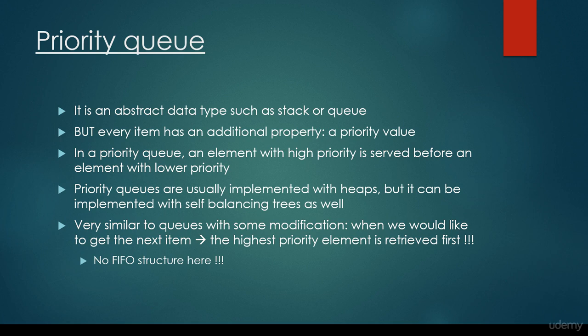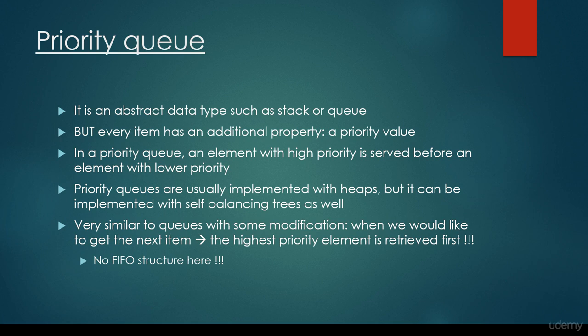So it's very similar to queues with some modification. When we would like to get the next item, the highest priority item is retrieved first. So there is no FIFO structure: the first item we have inserted is not necessarily the first item we take out. That's very important.